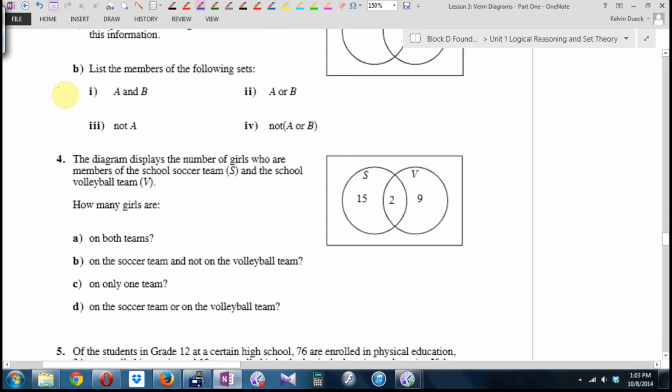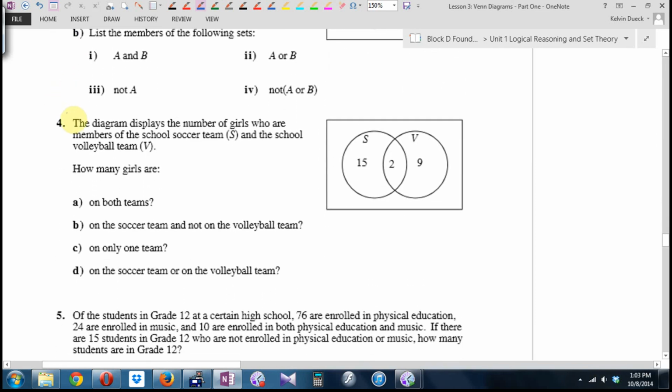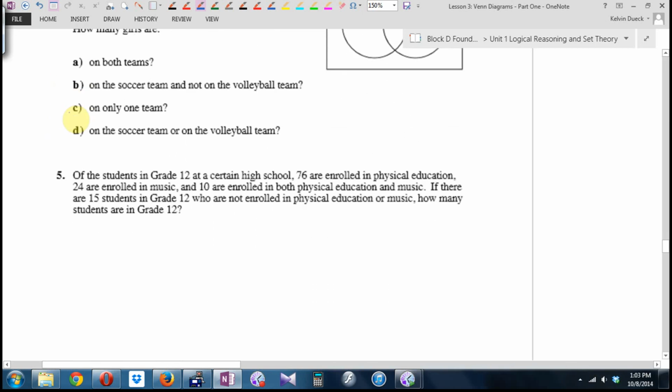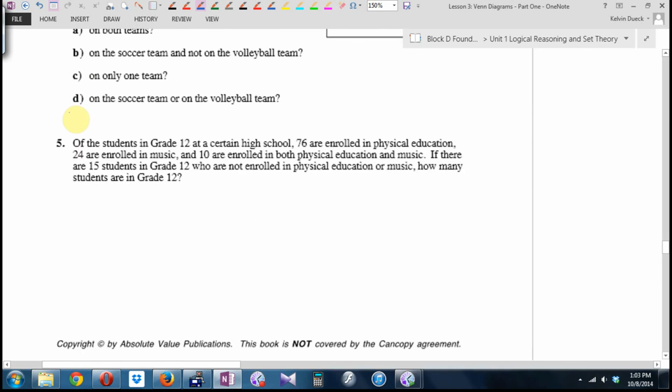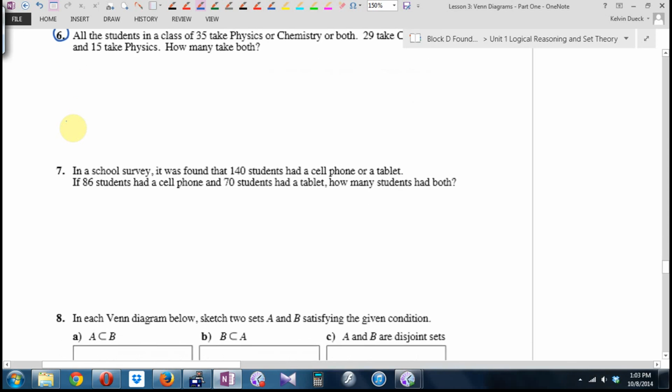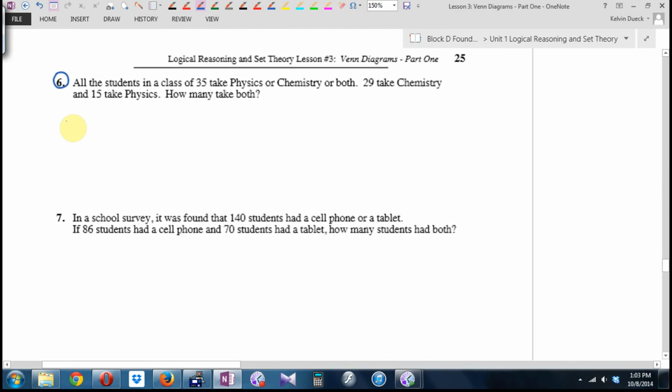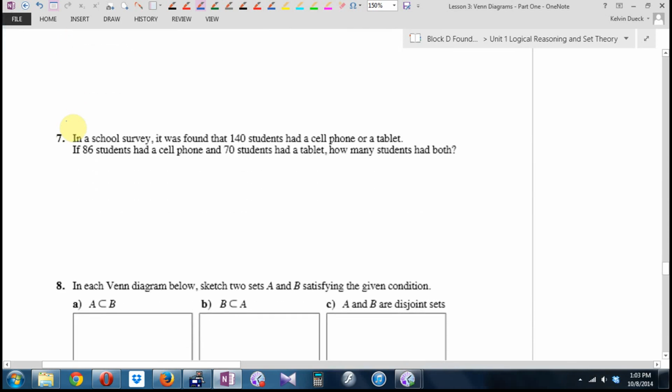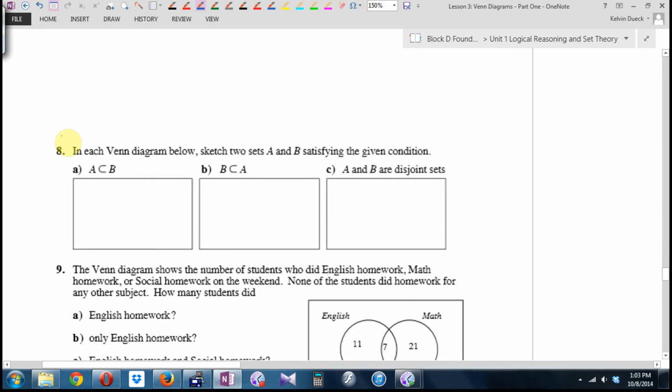I skipped 2. 4 is good. 5 is good. Physics! 6 is great. Sorry. So far I've skipped 2. 7 is good.